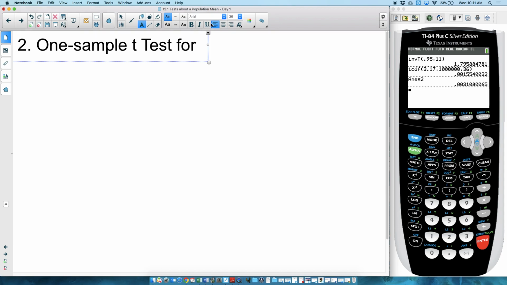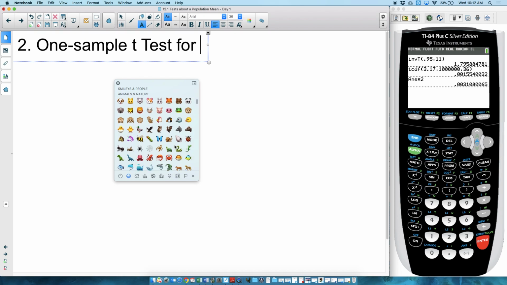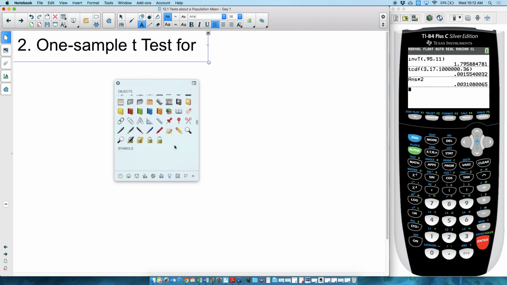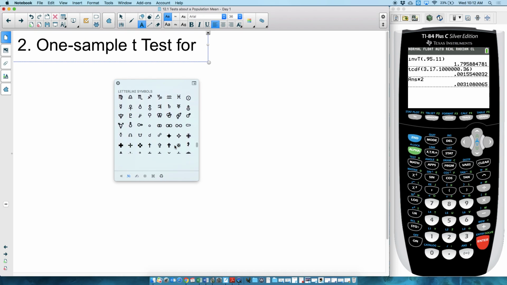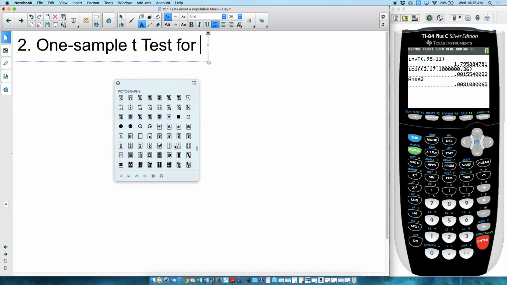For mu. How do I get to mu? No, I don't think that matters. They will take a point. You don't need the dash. I thought we had Greek letters in here. None of those are mu though.